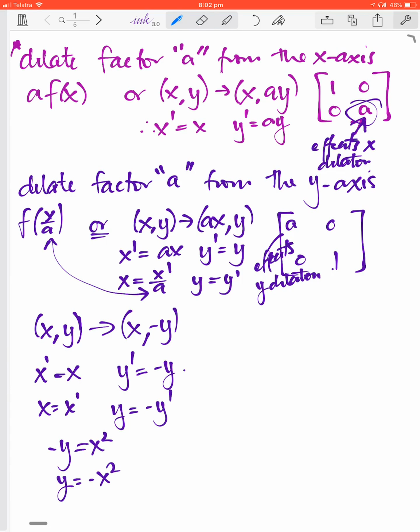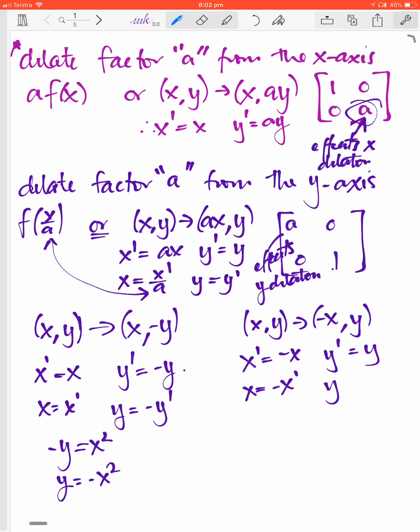If we did it as a y reflection, (x, y) becomes (negative x, y), because I'm changing all of my x values from positive to negative and negative to positive. So x becomes negative x, y stays the same. So I get x dash is equal to negative x, y dash is equal to y. So x equals negative x dash, y equals y dash.